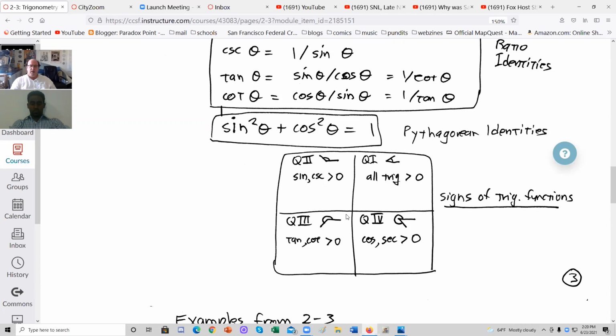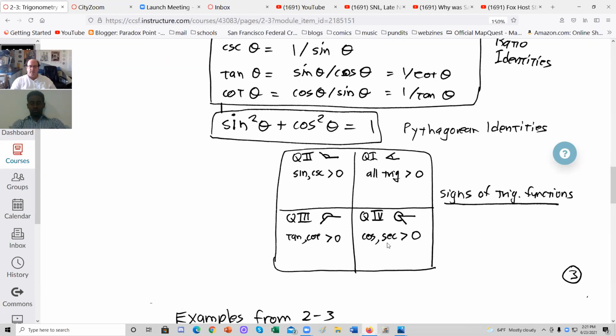Here, between 180 degrees and 270 degrees, or what I call a breakback angle, tangent and cotangent are positive, and the others are negative. And finally, in this quadrant, between 270 and 360 degrees, what I call a Pac-Man angle, it's to the right of the y-axis, so cosine and secant are positive, but the rest are negative.